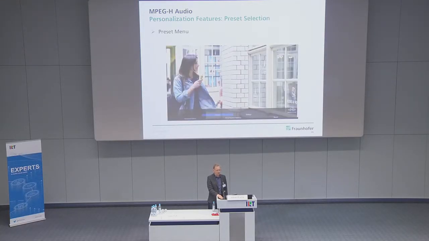A brief outlook to what we also have in the demo that you can have a look at in the break is how a user interface could look. So the first level of user interaction is the preset menu, where you can select between the different versions.